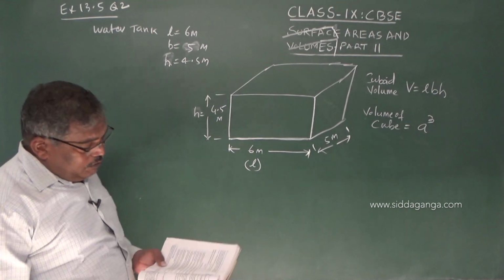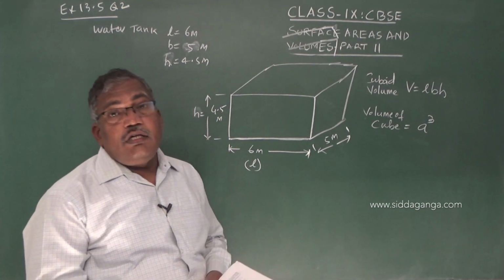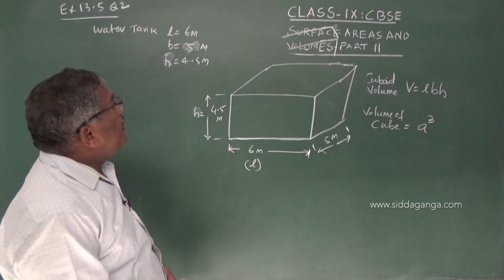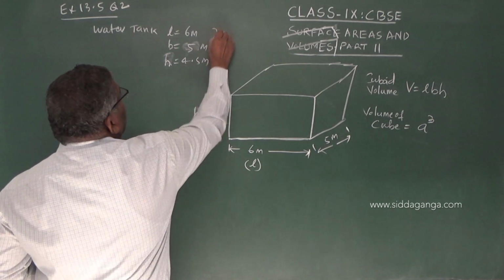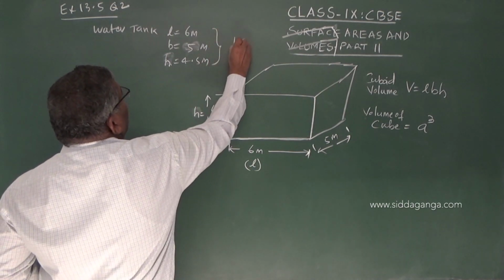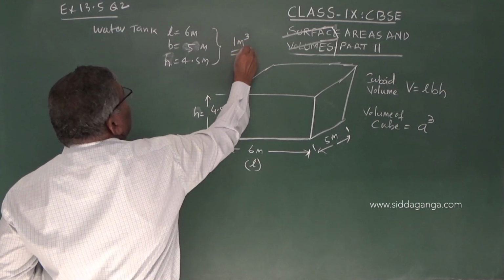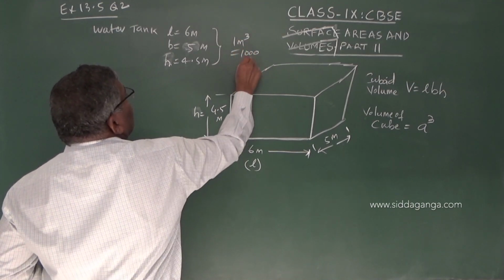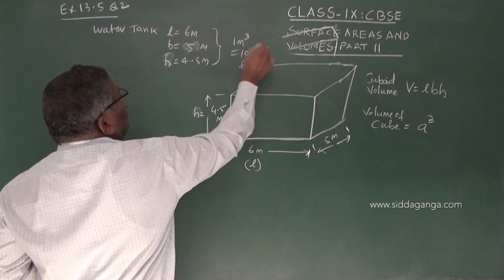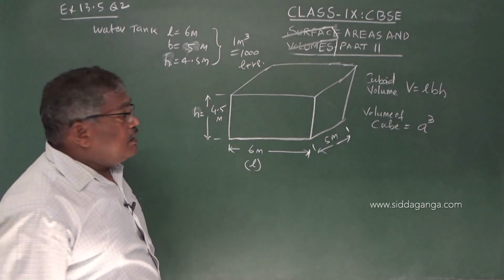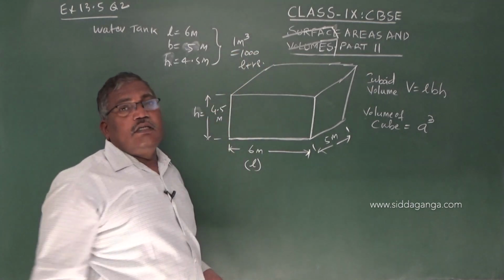So one more hint they have given, 1 meter cube will hold 1000 liters. 1 meter cube equals 1000 liters.